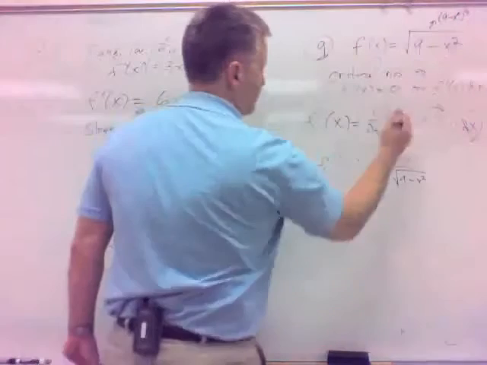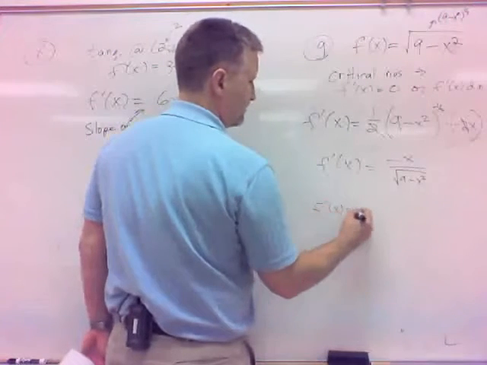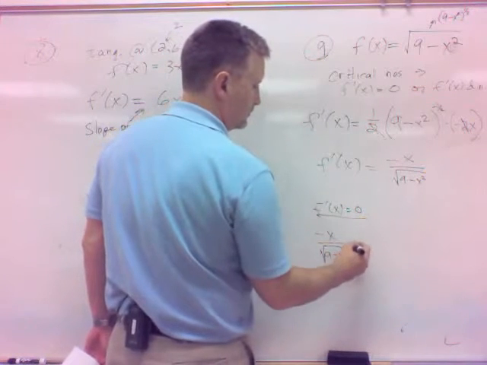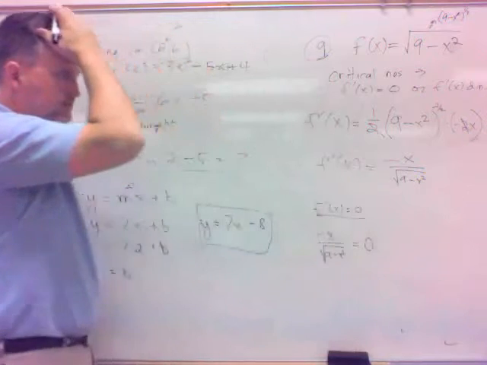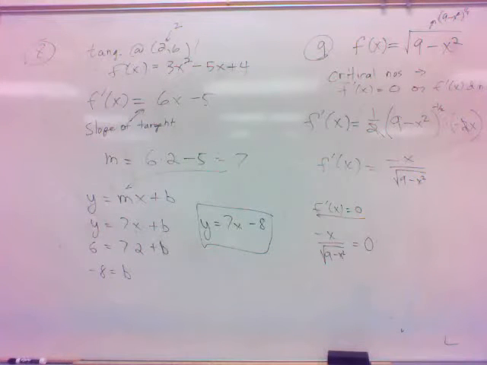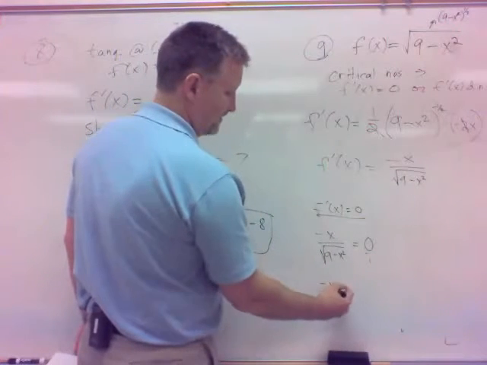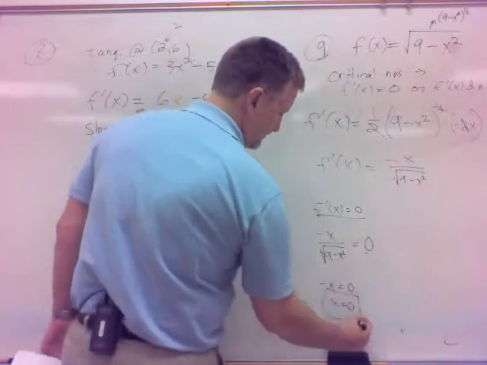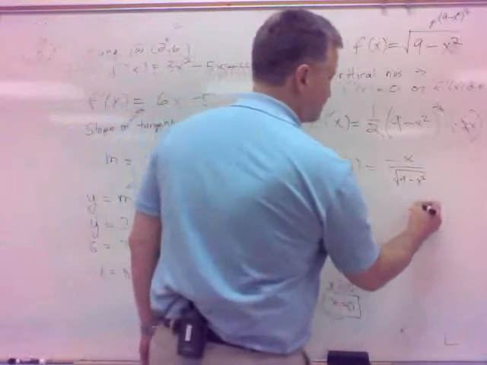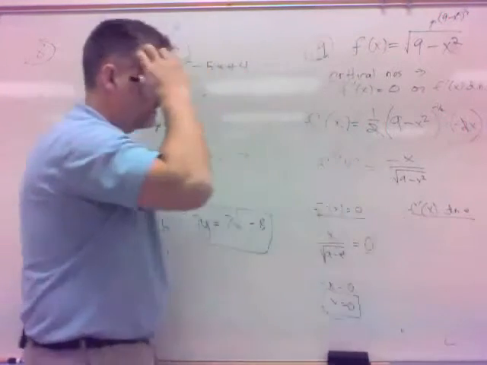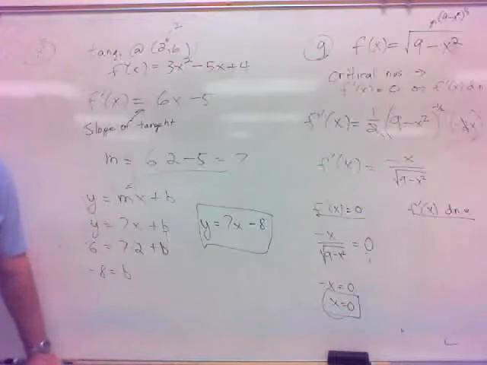So I'm trying to find the critical numbers. I set the derivative equal to 0 and solve. Well, that's an easy one. If you cross multiply, you get minus x equals 0, so that's just x equals 0. But also where the derivative does not exist. The ones we really looked at was where the denominator equals 0.